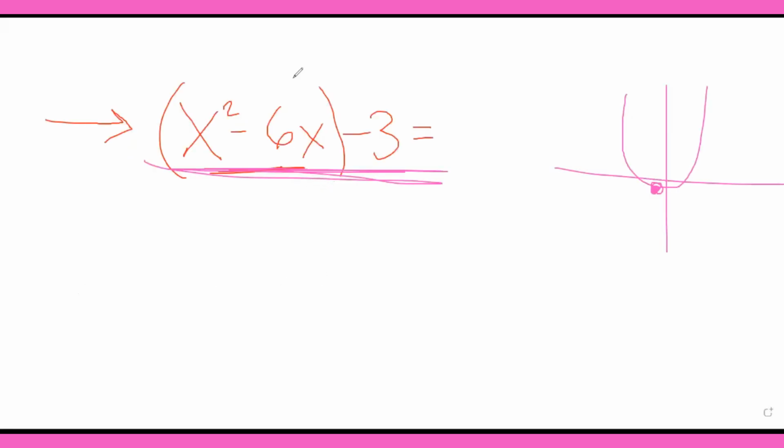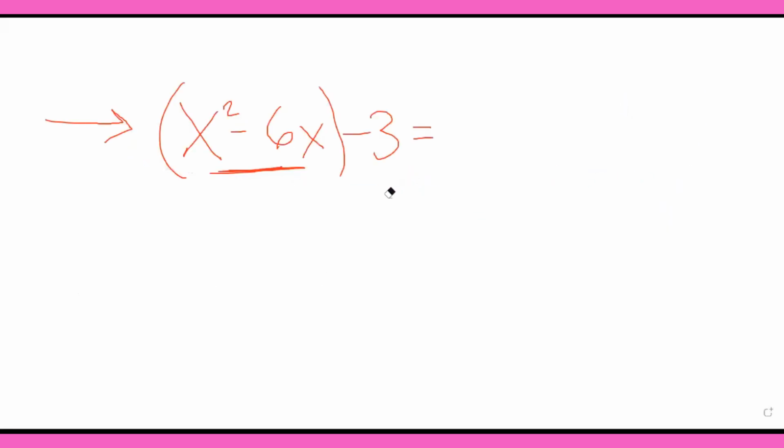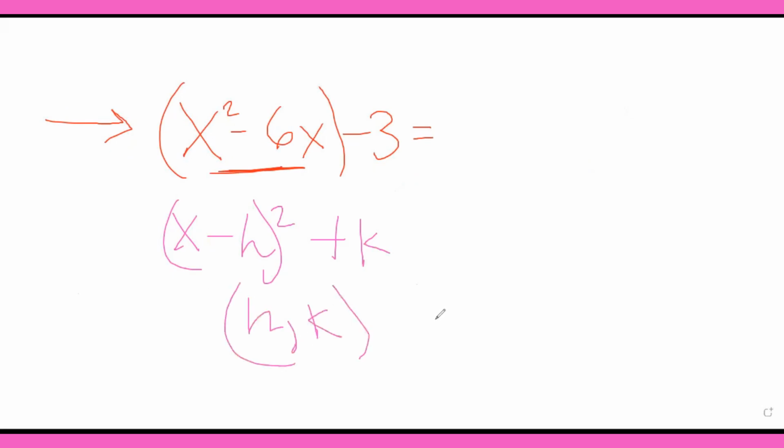To get that, I'm going to keep that up there and do the same example, but keep it in vertex format. So vertex format, the standard form, is x minus h squared plus k, and h comma k is our vertex.